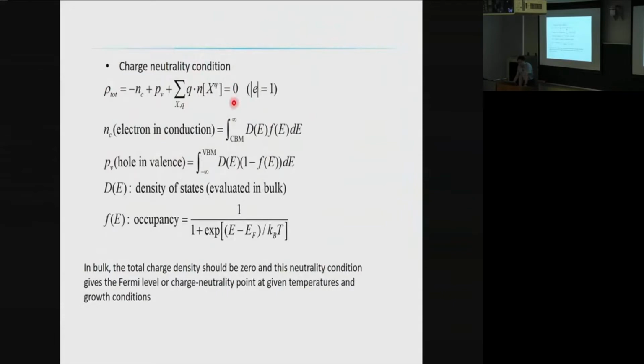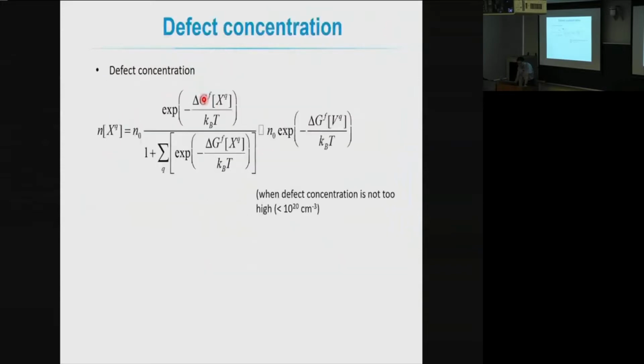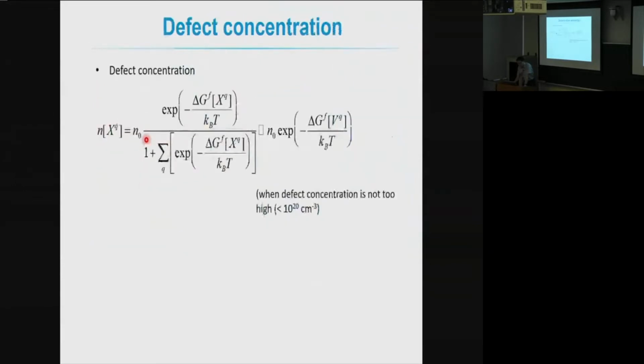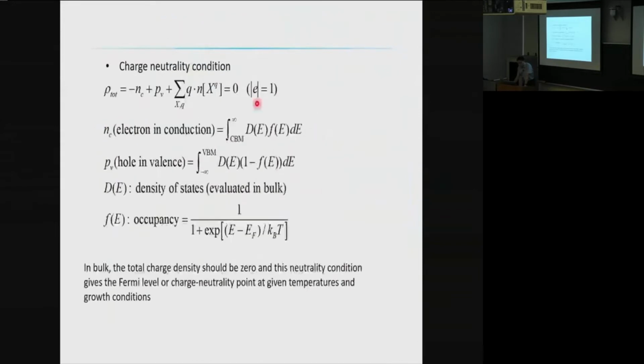So what is the parameter in this equation? The parameter is the Fermi level. The Fermi level controls the occupancy of electrons and holes, so it controls NC and PV. Also, from the previous discussion, the Fermi level affects the formation energy of the charged defect, and therefore the concentration, which appears here.